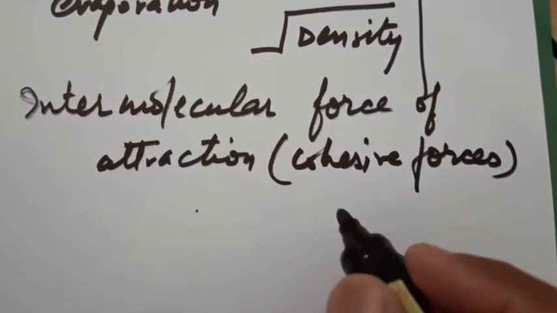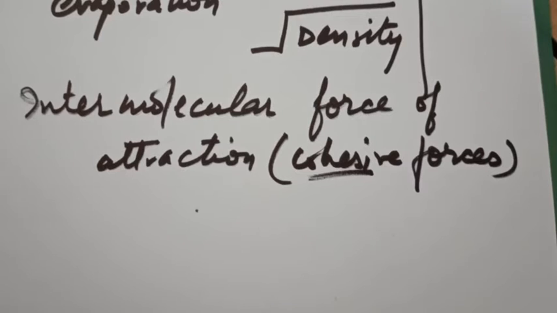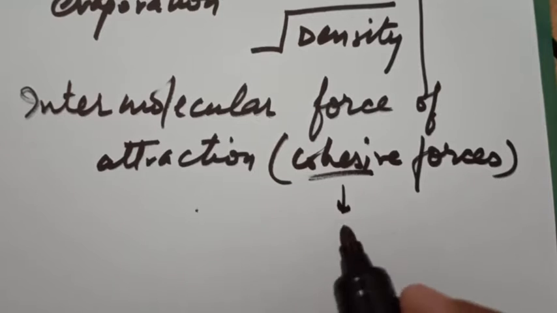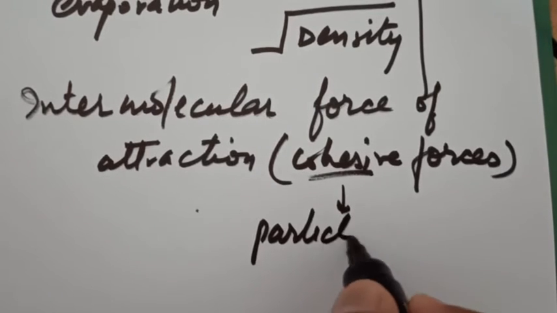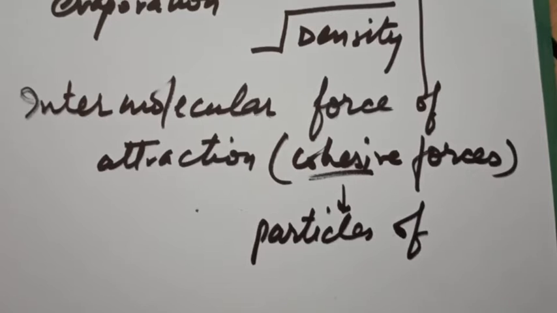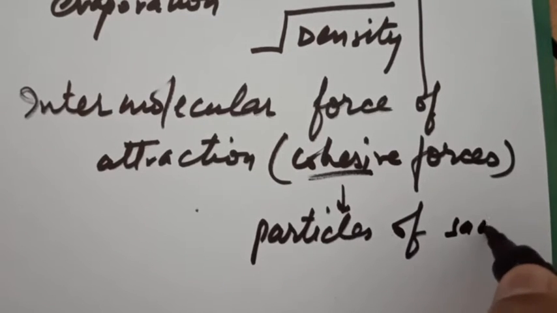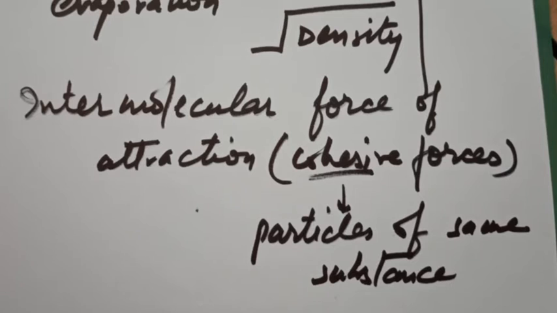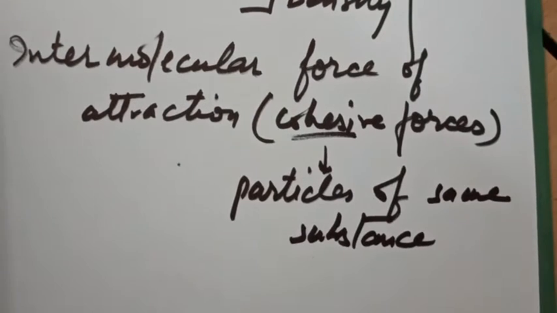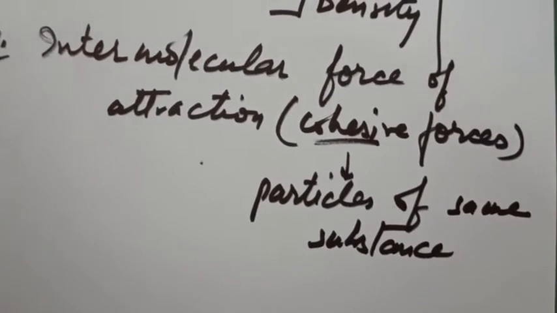So cohesive forces are those forces which are present in the particles of the same substance. Cohesive forces always act in the particles, means molecules, atoms, and so on, of the same substance. For example, between two molecules of water, both the molecules are of water, so the forces acting between these two are known as cohesive forces.